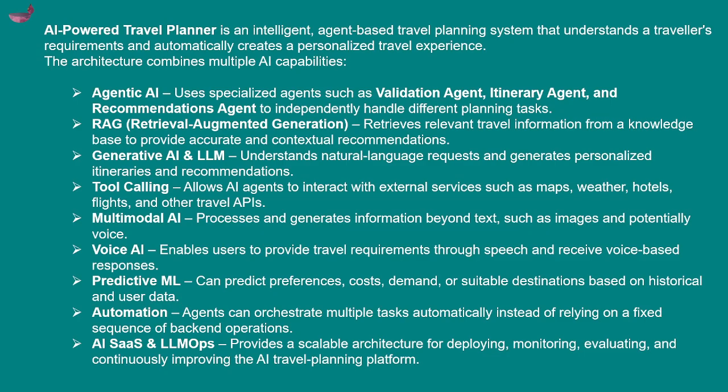So we have all these things: agentic AI, RAG, generative AI and LLM, tools, multimodal AI, voice AI, predictive ML, automation and AI SaaS and LLMOps. Although we are not using LLMOps because our RAM is only 8 GB, and it requires around 32 to 64 GB if you want to generate everything.